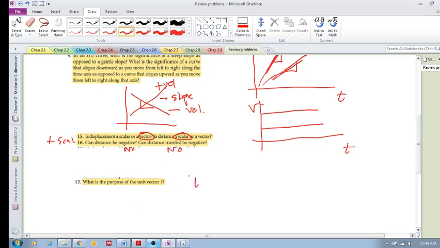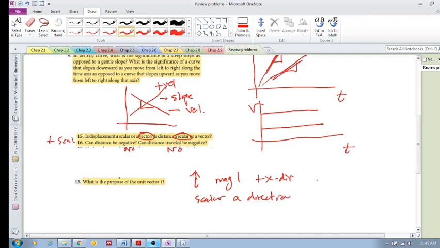Unit vector i. So, well, for one, a unit vector i is a special case of a vector with a magnitude of 1. It's always pointing in the positive x direction. And the purpose is to give some kind of scalar value a direction. Right?